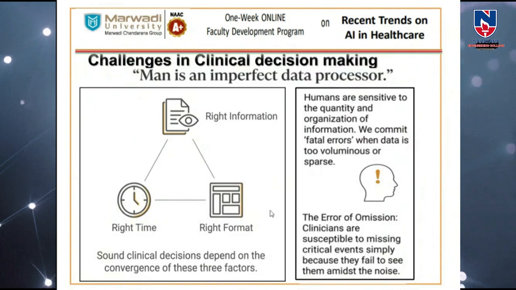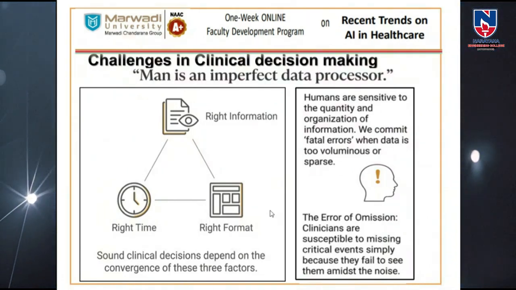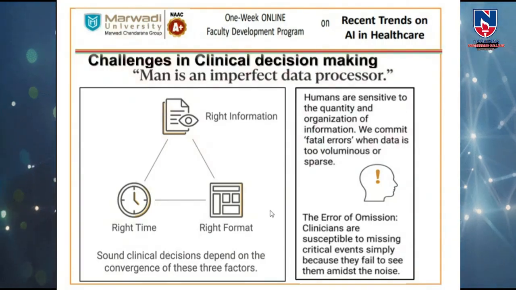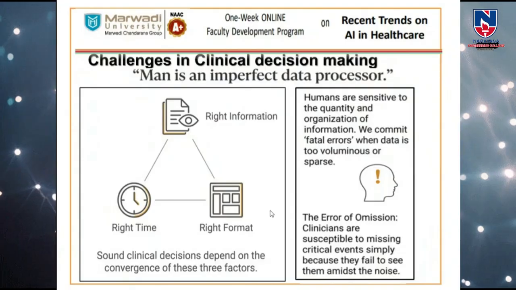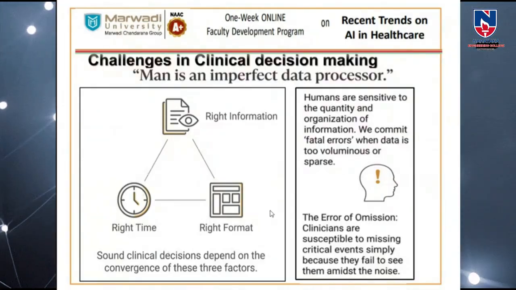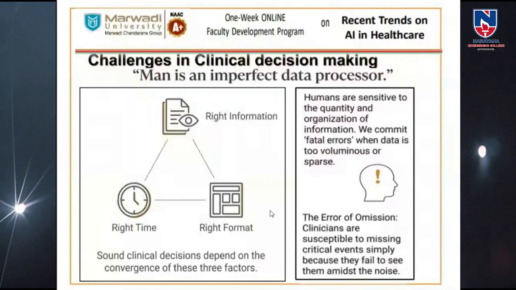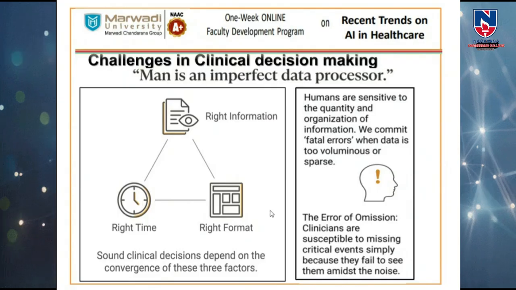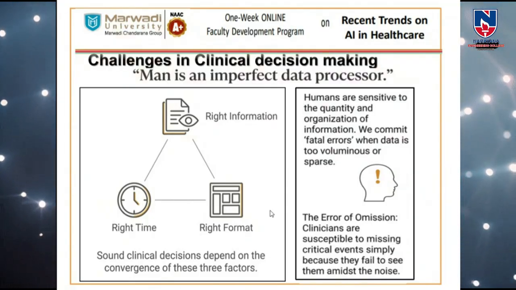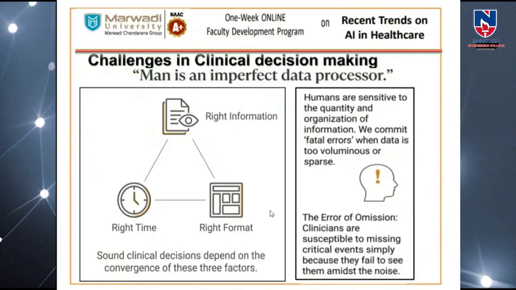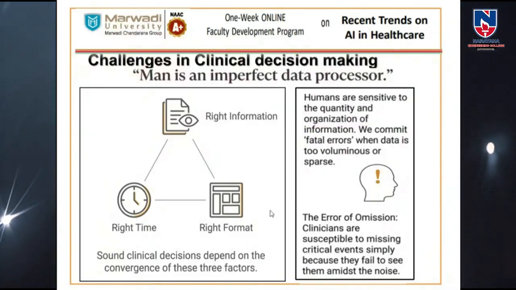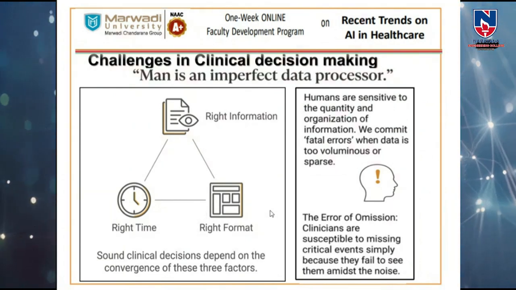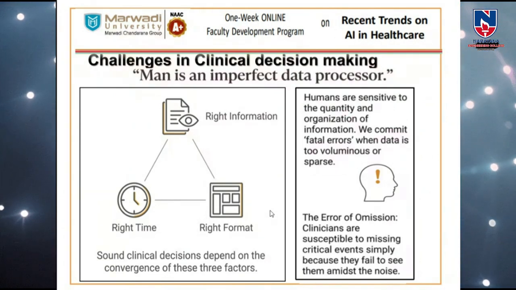However, as I mentioned, humans are very sensitive to the quantity and organization of the information, because we commit fatal errors when data is too voluminous and sparse, since they are supposed to interpret the data with the human brain. Once errors of omission happen, critical events may be missed simply because they fail to take a decision.